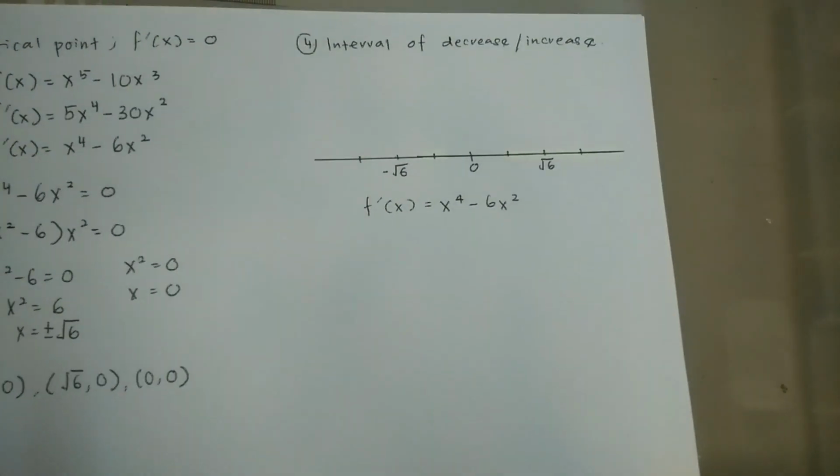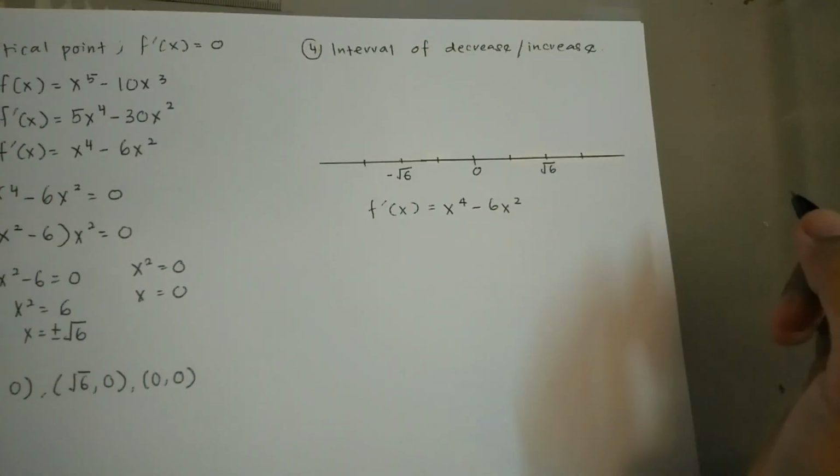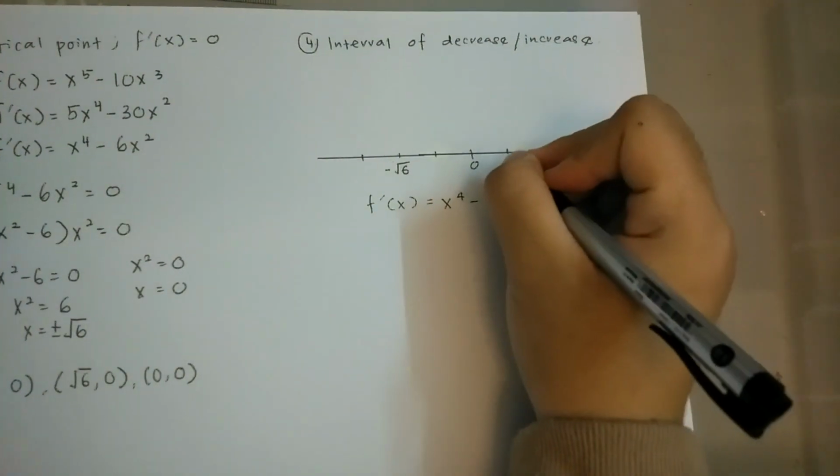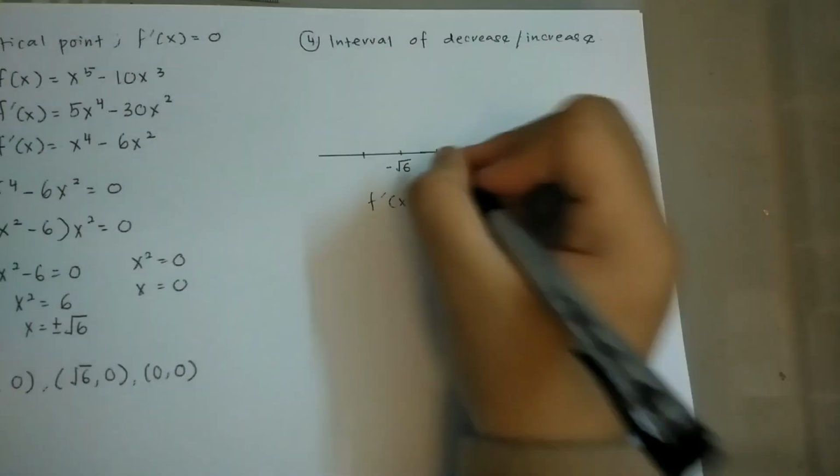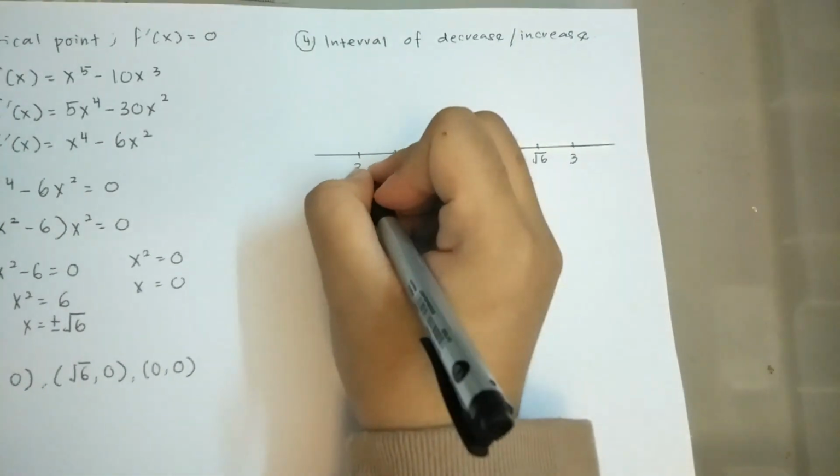So we must select a value between the values. So I choose negative 3, negative 1, 1 and 3. So here will be negative 1 and here will be 3.